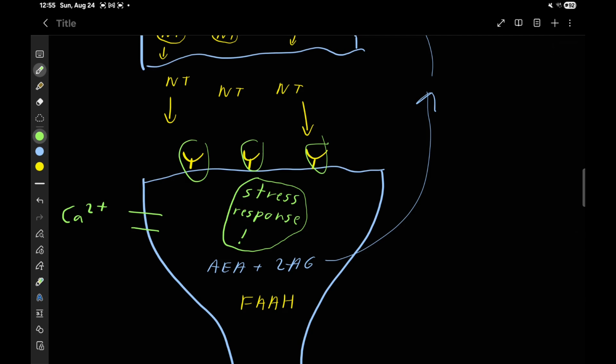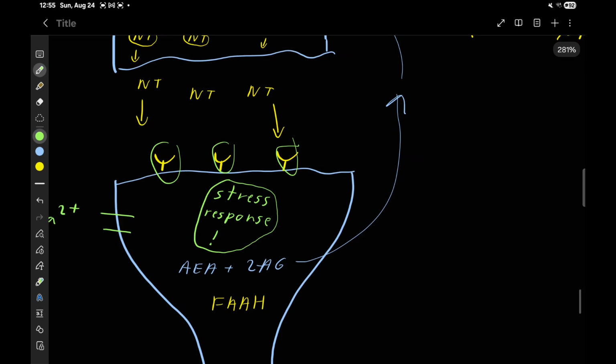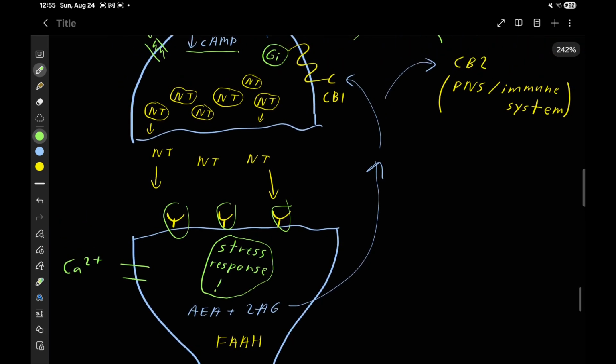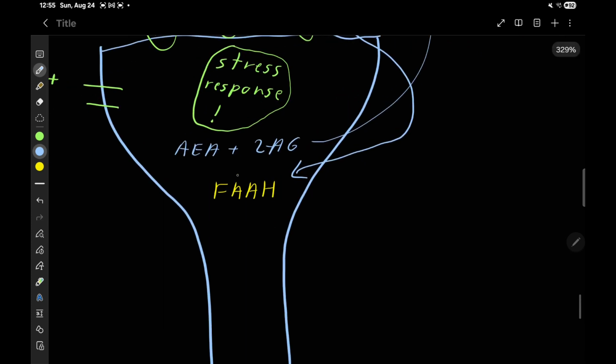Now, in order to keep the cannabinoid responses under control, we need to be able to terminate the responses of anandamide and 2-AG. So what happens is your AEA and your 2-AG, from your synapse, your AEA is uptaken into your postsynaptic neuron, where it gets degraded by your enzyme FAAH.